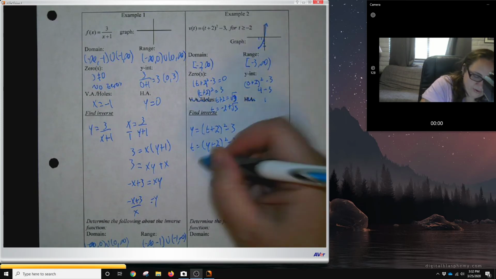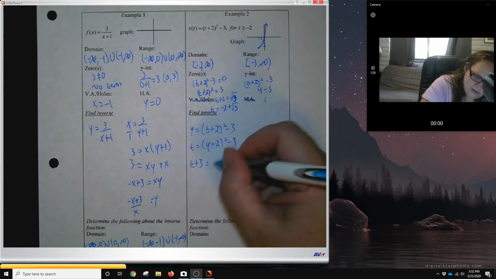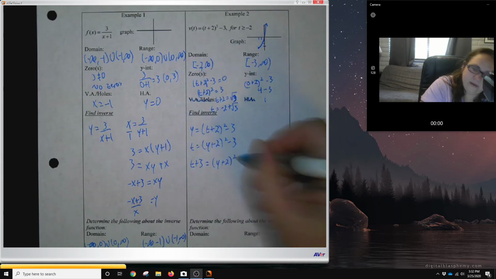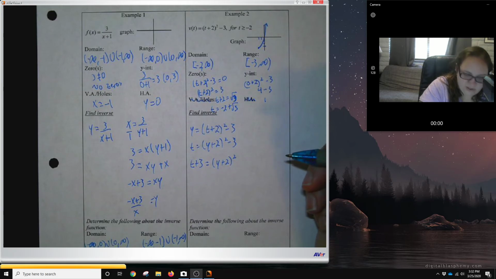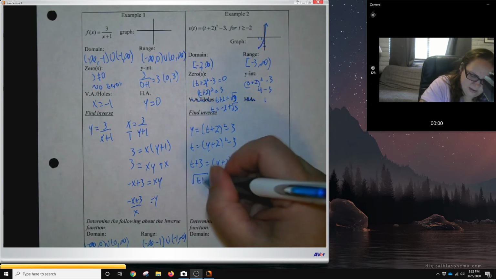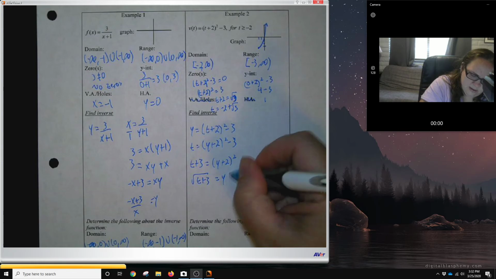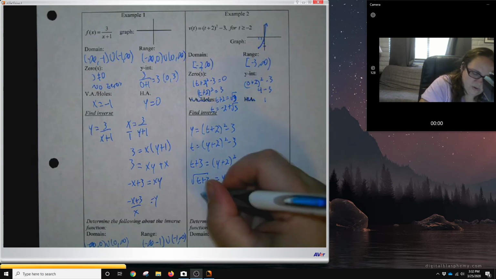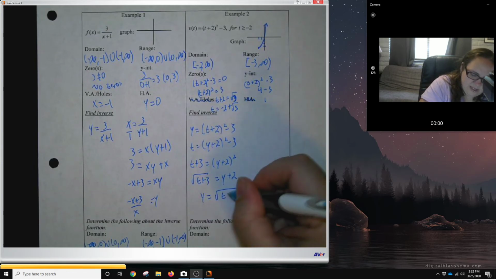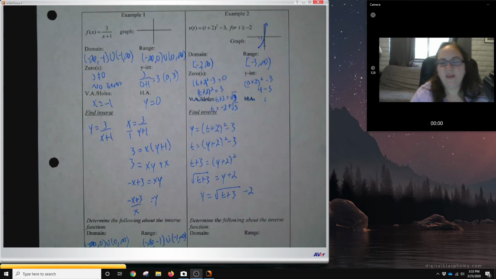We add the 3. And then we take the square root of both sides. So y equals the square root of t plus 3 and then a minus 2 on the outside. That would be the inverse.